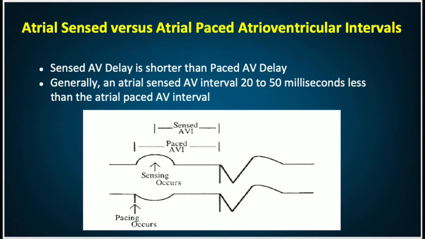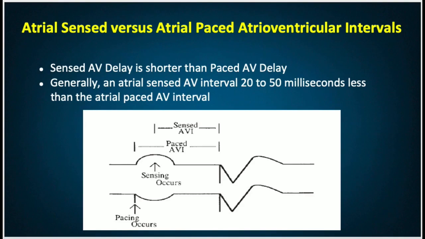The AV interval based on sensed atrial activity should be shorter than when the atrium is paced, to begin both the AV interval and atrial electrical activation.